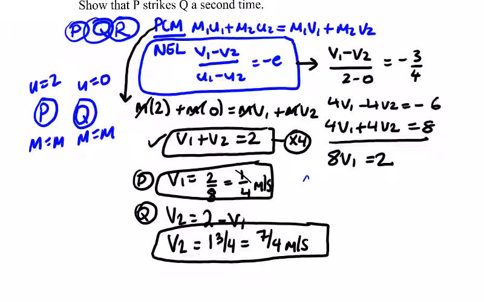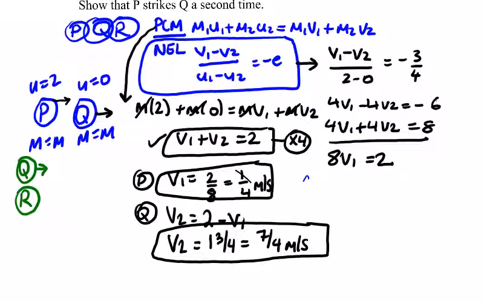We're asked to show that P strikes Q a second time, so Q is going to go in this direction, strike R, and we have to show that P's speed at that point is greater than Q's speed, so it catches up with it. So now we're looking at Q and R. We set up the same things here. Q has a speed, R is at rest.